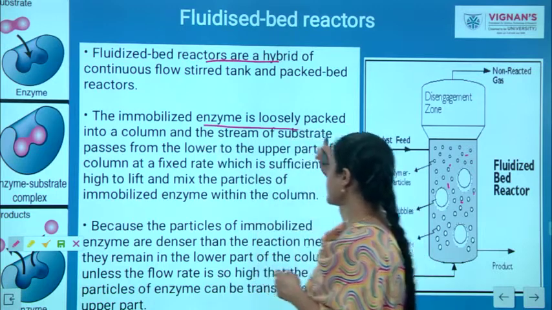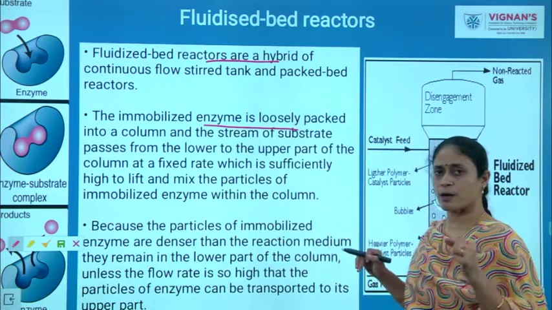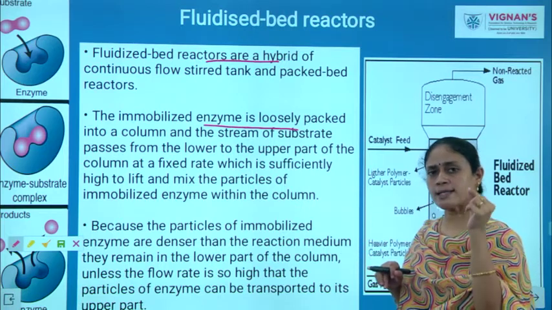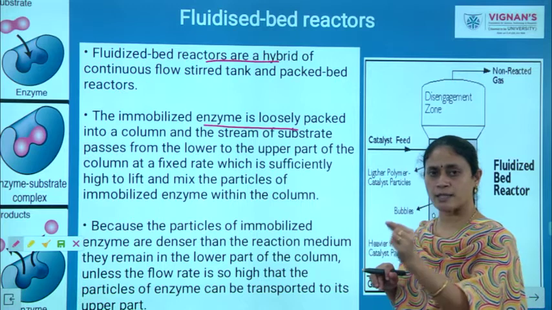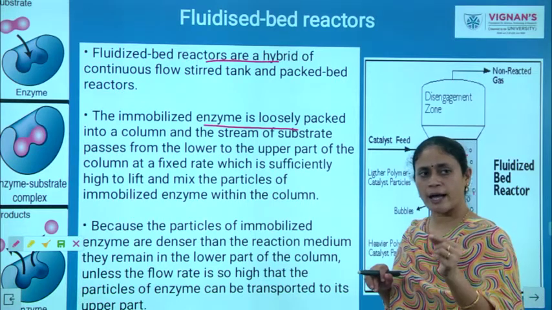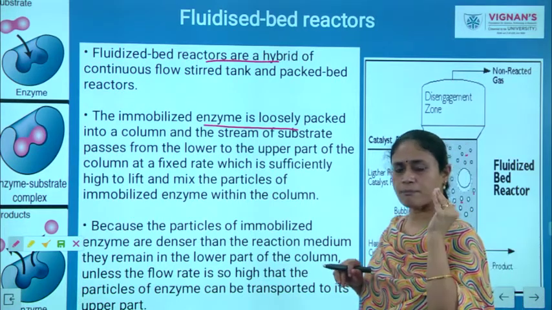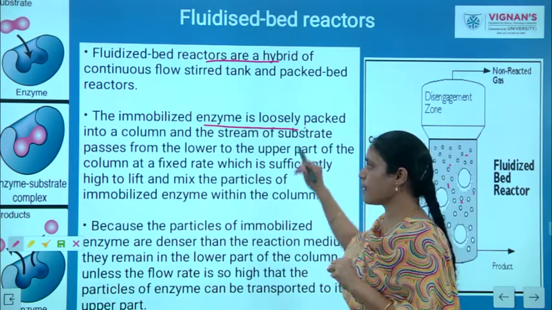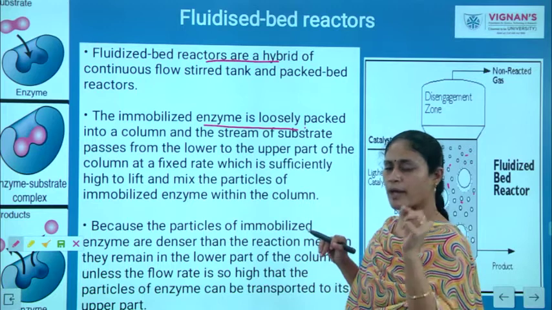The immobilized enzyme is loosely packed into the column. I have told you that there is a prominent difference between the immobilized enzyme in the packed bed and the fluidized bed. In the packed bed, your enzyme is stationary, it is tightly packed. But in the fluidized bed, your enzyme is immobilized very loosely.